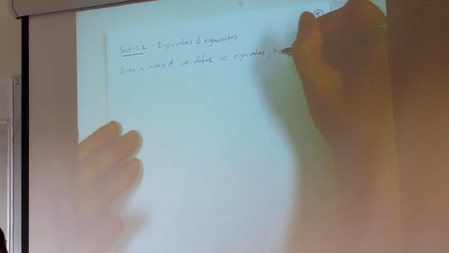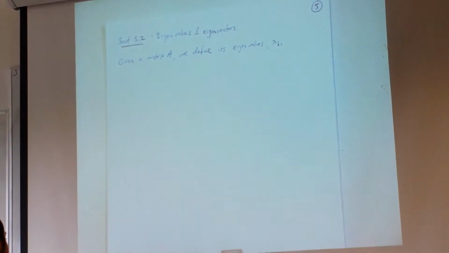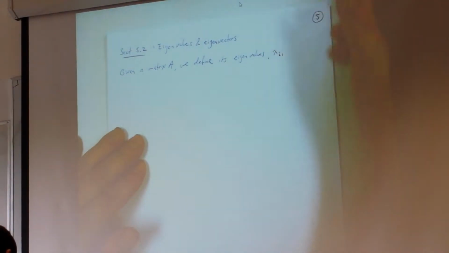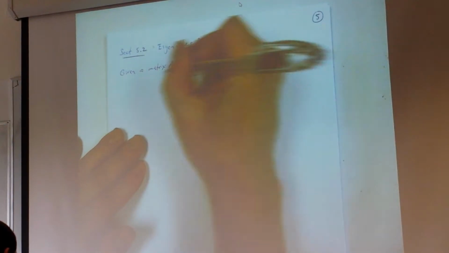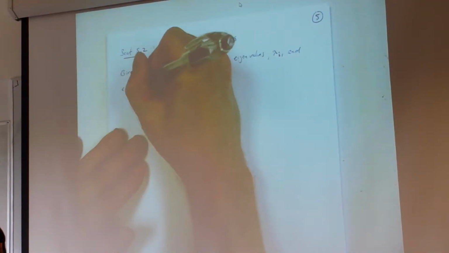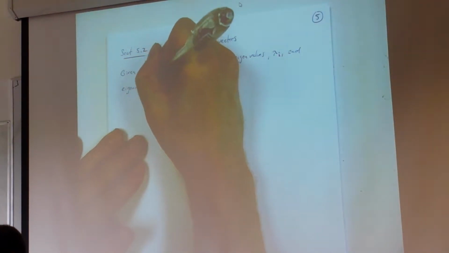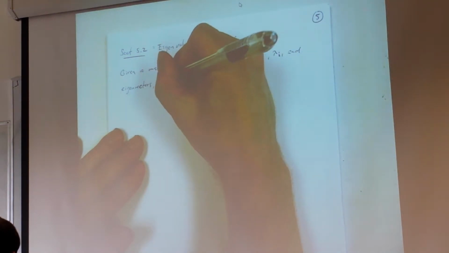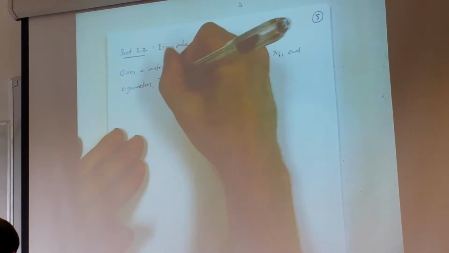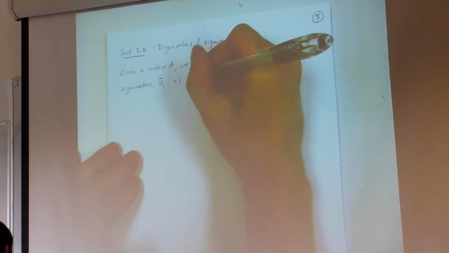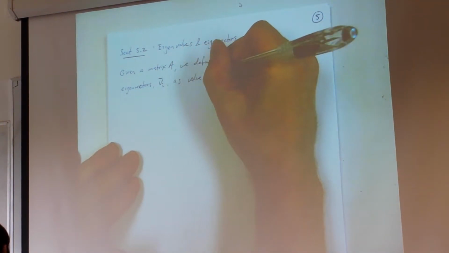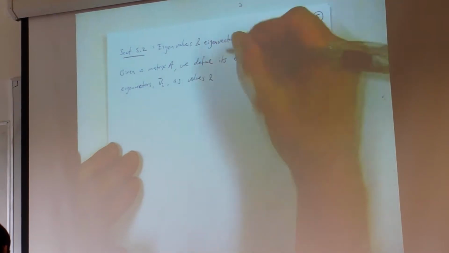That's what we were doing before. Lambda sub i, and their corresponding eigenvectors v sub i as values and vectors that satisfy the following.